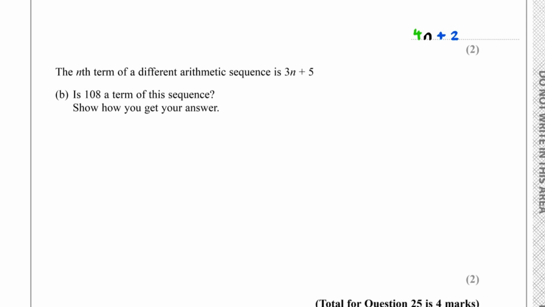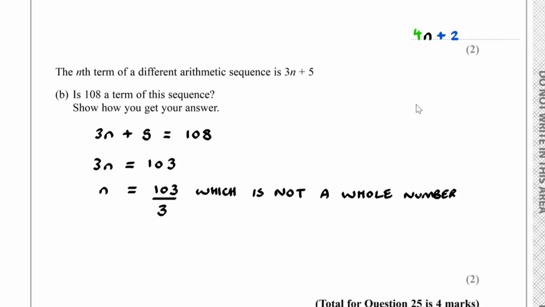Well, if I set the 3n plus 5 equal to 108, then I can see that 3n is equal to 103, and if I divide both sides by 3, we can see n is equal to 103 divided by 3, which is not a whole number. So 108 is not a part of this sequence.